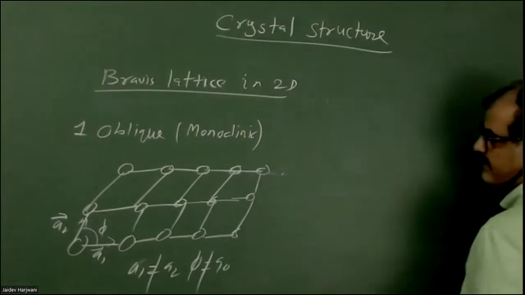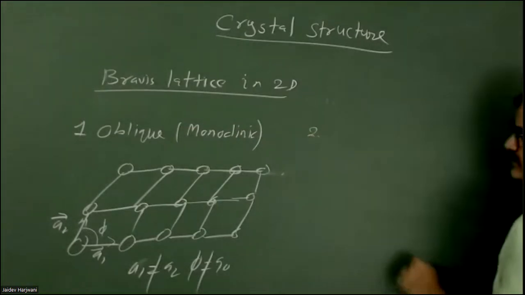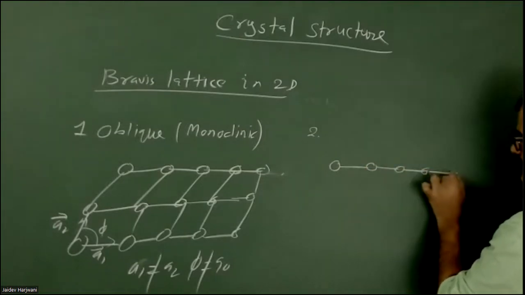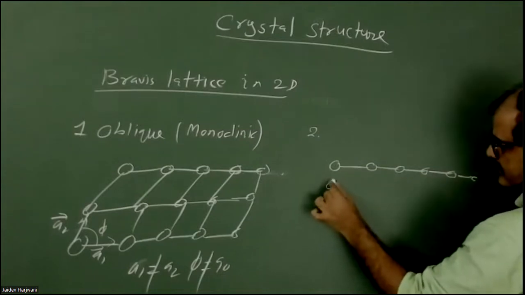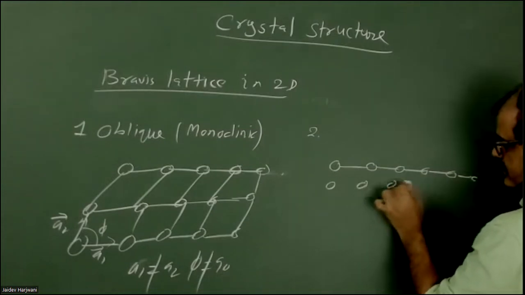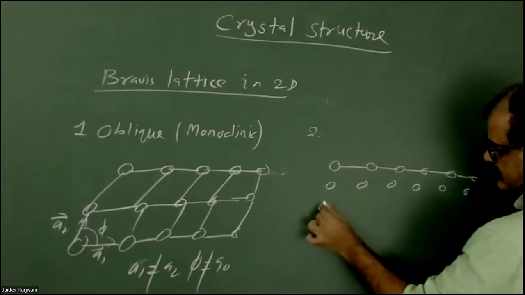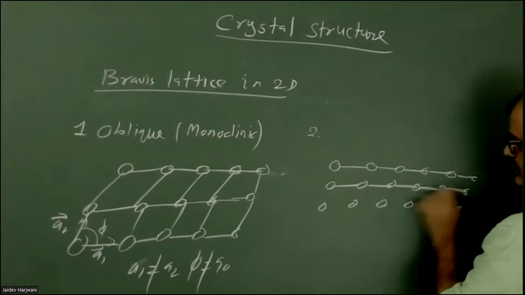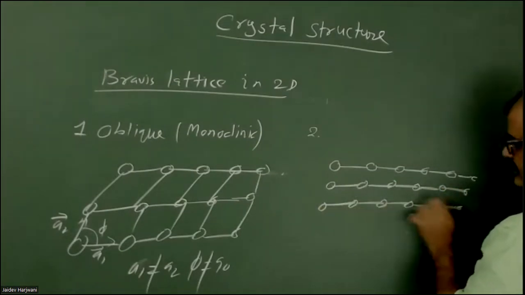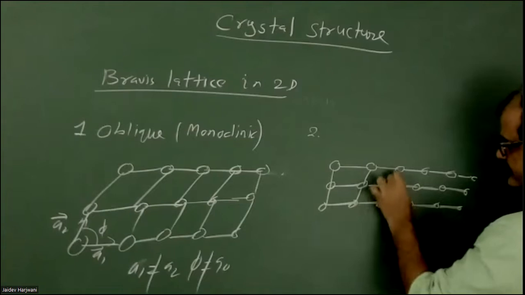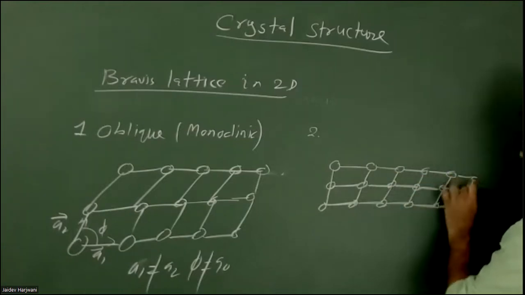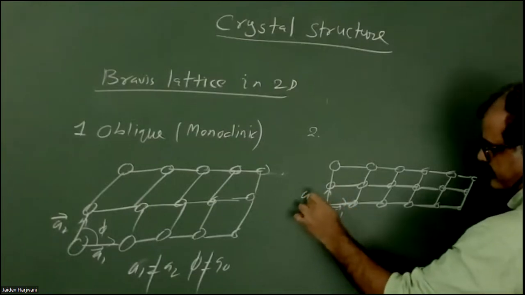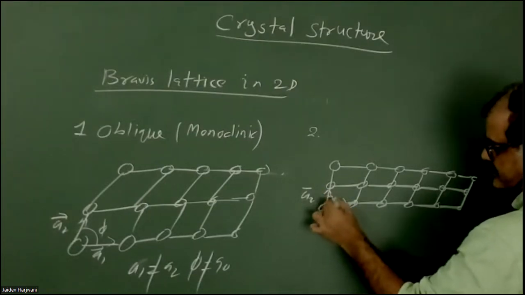Similarly, the second Bravais lattice is your rectangular lattice, which I have drawn a couple of times. So here, this is your a1, this is your a2, and the angle is 90.